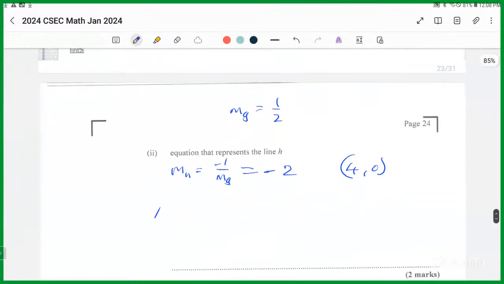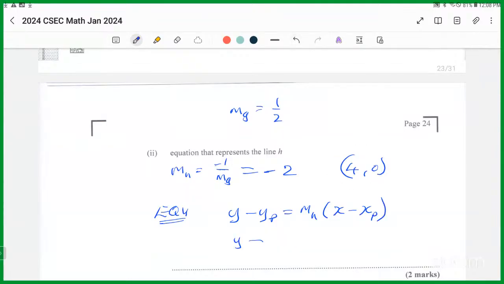So the equation, remember, is y minus the y value at a point, where we use this as the point, equals the gradient of line H, into x minus the x value at the point.